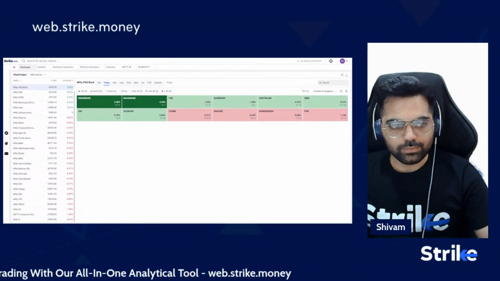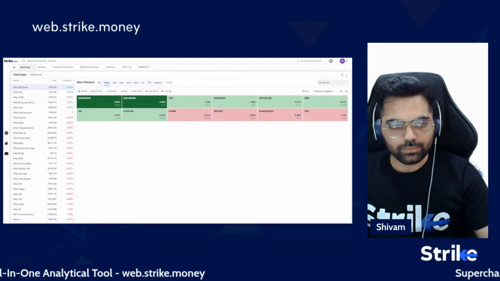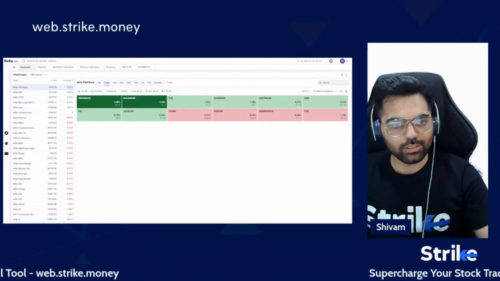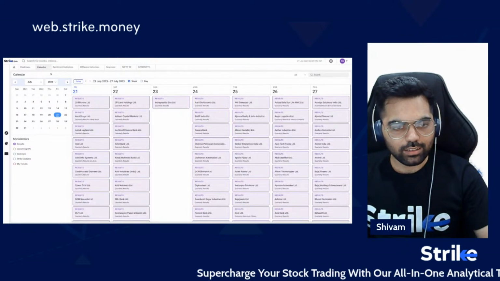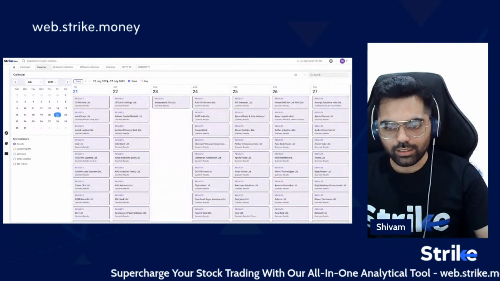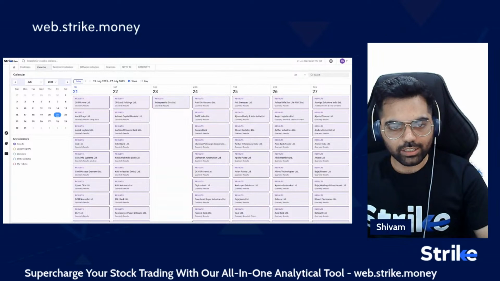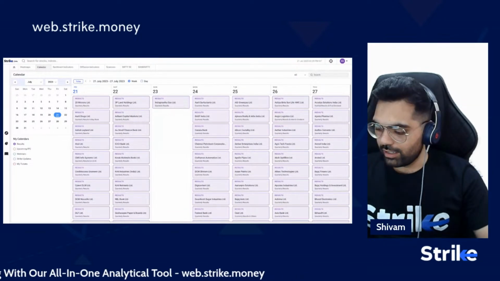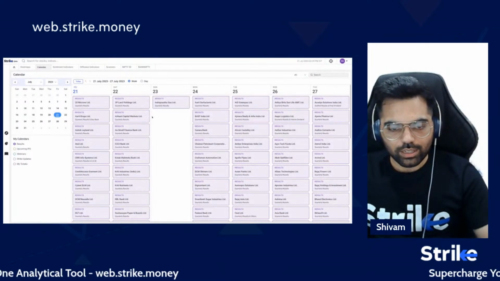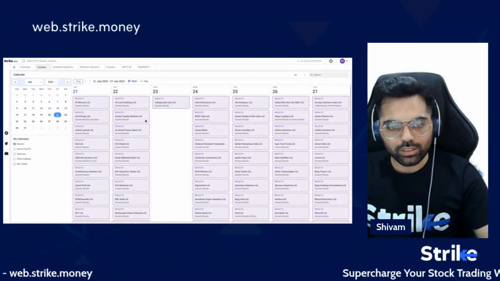So we were having a look at PSU banks, and as I said, the earnings season is on. So let me go to the calendar. We discussed this yesterday as well, where you can see which stocks are coming up with their results, so you can manage your trades and investments accordingly. As I said, in banking there are many important results coming up.